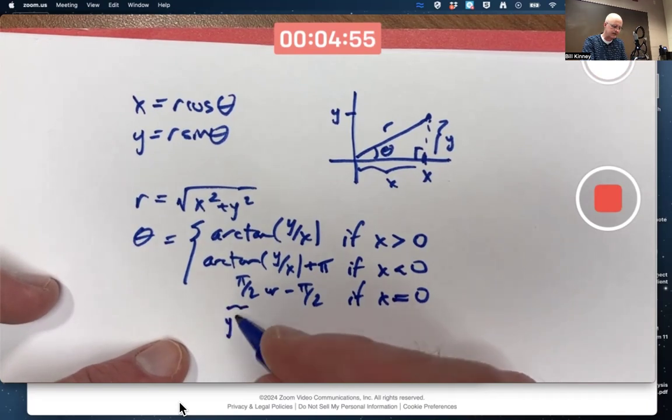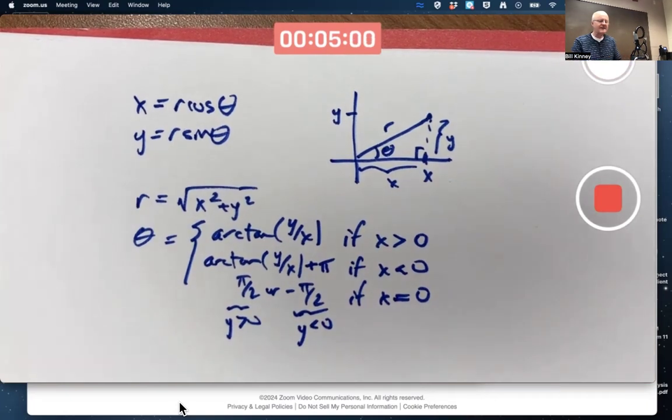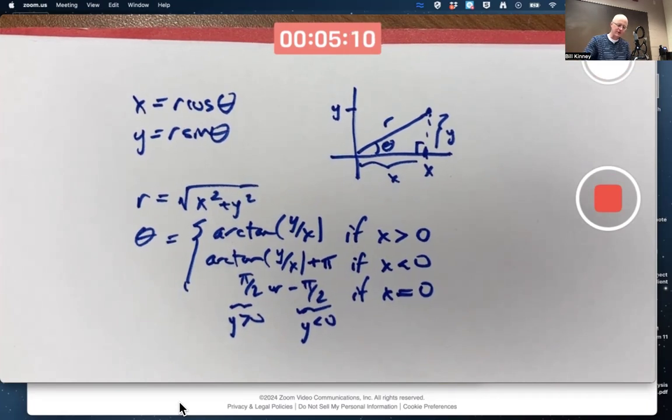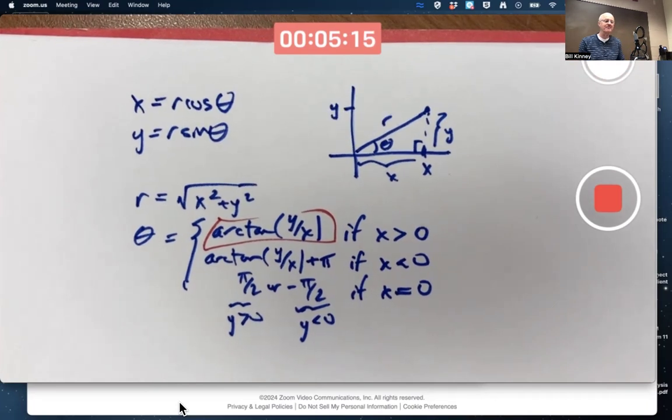This is if y is positive, and this is if y is negative. So effectively, up to angular multiples of 2 pi being added to this, this is the formula you can use. Though most commonly in terms of derivations, we use the simplest form of it right there.